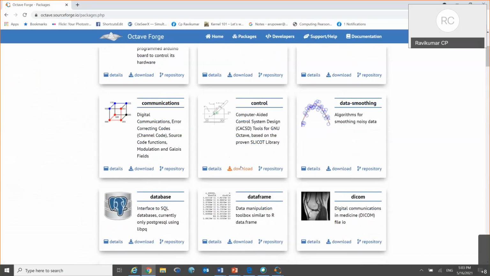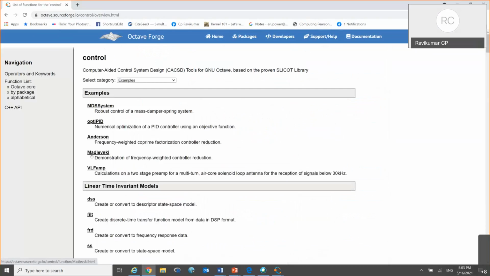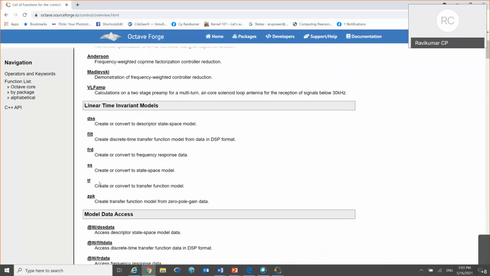You can see the details. If you say function reference, it will show you all the functions. Many of these are too advanced. See, this is what I used today.